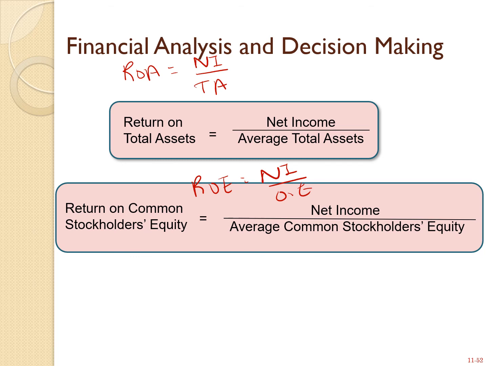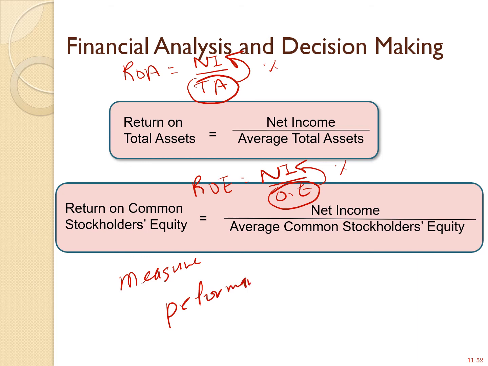If you think about it, how much my assets are being able to generate in net income as a percentage, and how much my owner's equity is being able to generate a net income also as a percentage. Both measures, or both ratios, they measure performance or financial performance of the company.